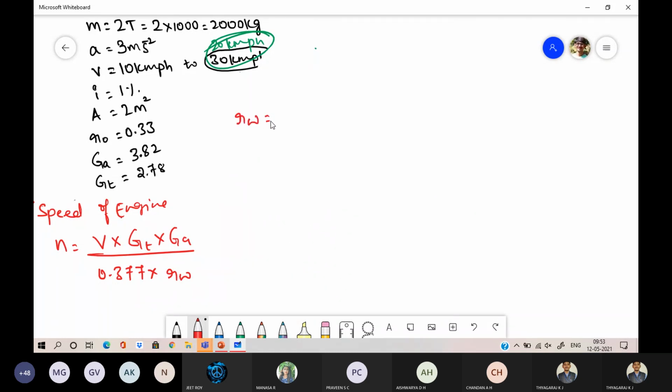So RW is equal to lambda into R naught. Assuming lambda is equal to 0.935, that is low pressure tire. So calculate RW: lambda into R naught, they have already given, that is 0.33 meter. So you will get 0.308.